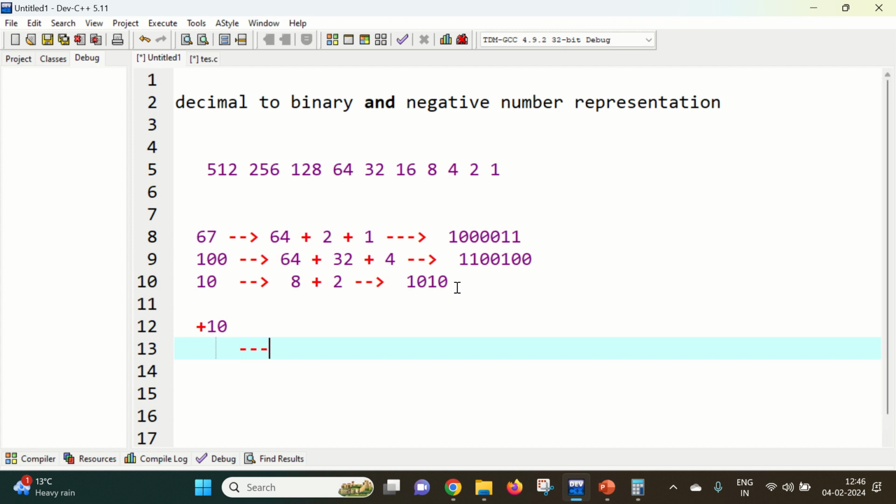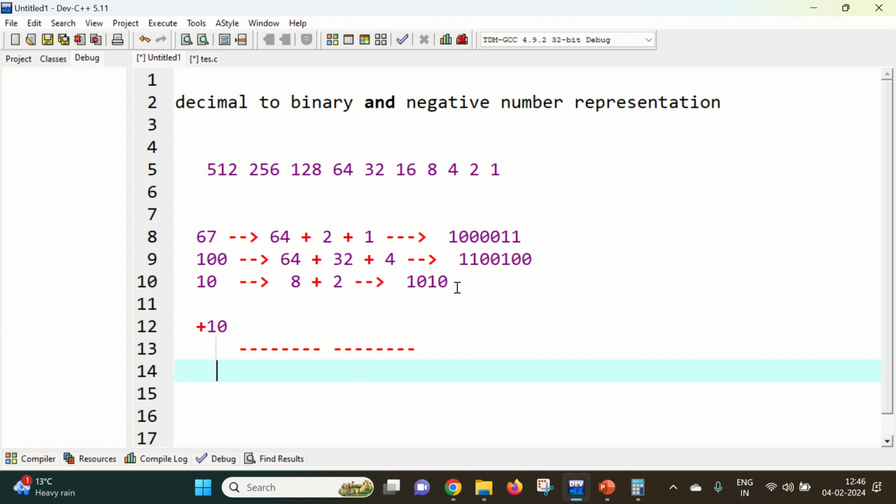So 1, 2, 3, 4, 5, 6, 7, 8. After that again 1, 2, 3, 4, 5, 6, 7, 8. So we have to see what these 8 bits are. So I am writing that number 0, 1, 2, 3, 4, 5, 6, 7, 8, and 1, 2, 3, 4, 5, 6, 7, 8.